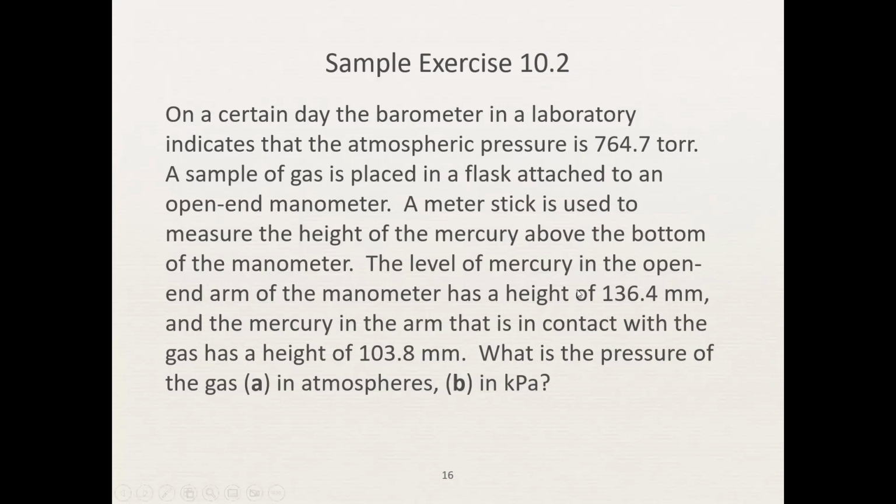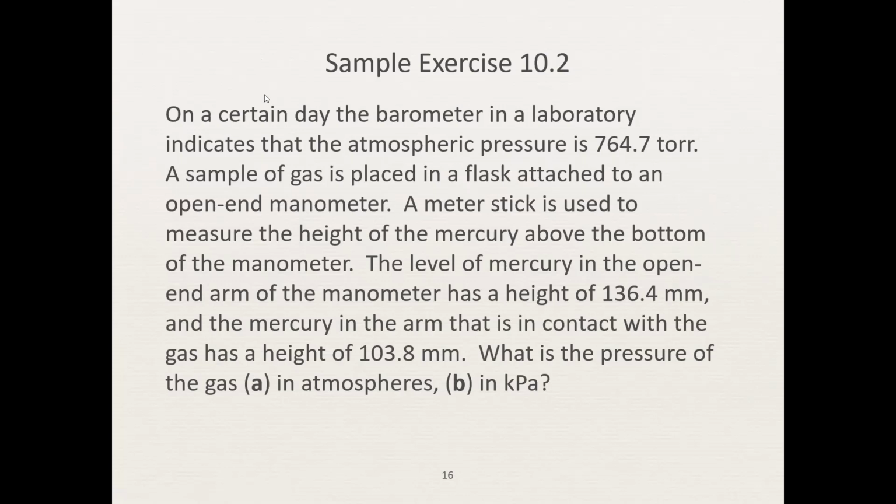And on the open-ended side, we're going to have a height of 136.4 millimeters. And on the opposite side, the side that's getting pushed by the gas in the vessel, we've got a height of 103.8. And we ultimately want to determine what the pressure of this gas is going to be in atmospheres as well as kilopascals.